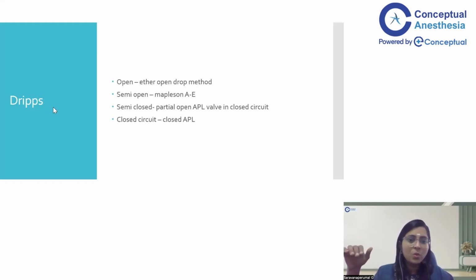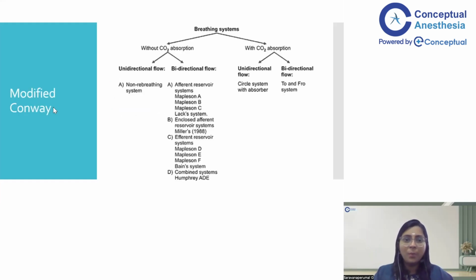So what Dripps did was, he said a partially open APL valve in a closed circuit or in a complete circle system is semi-open, semi-closed, and a completely closed APL valve belongs to a closed circuit. So the obvious disadvantages are that the Mapleson system itself can act as a semi-closed one as well as a semi-open one, and there is no clear-cut data which says this system belongs to this, and there is no circuit involved in the open drop method.